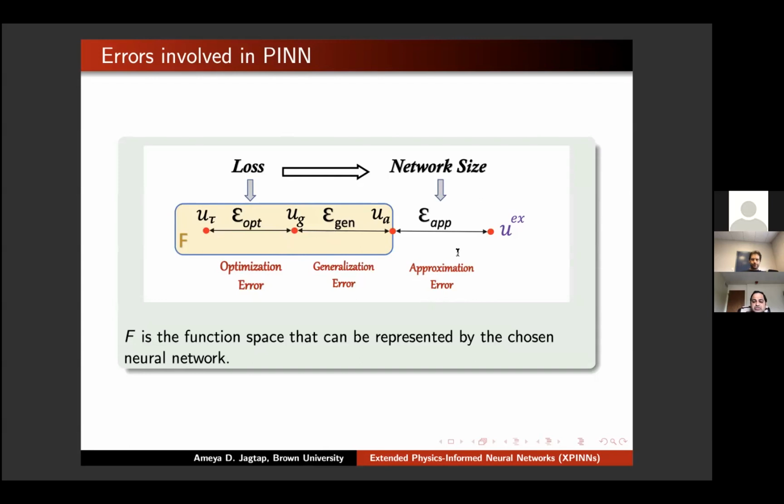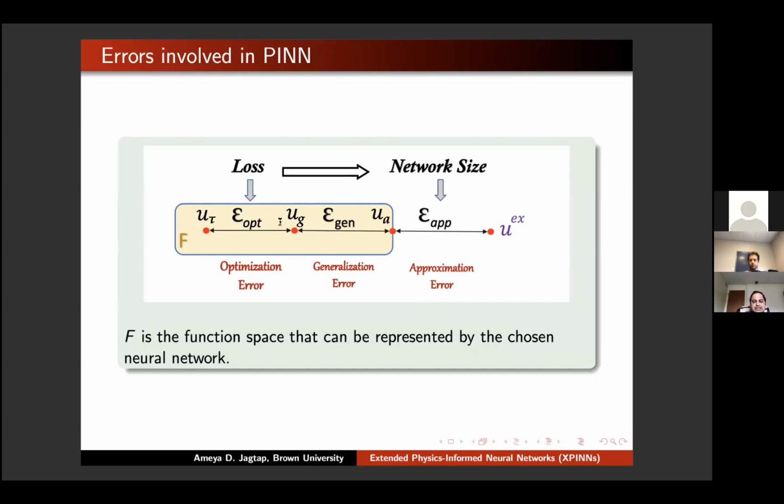And the approximation error is the error between the exact solution and the approximated solution. So this is the approximation error here. And optimization error is the error between my solution at global minima defined by U_G and the solution obtained at local minima defined by U suffix tau.